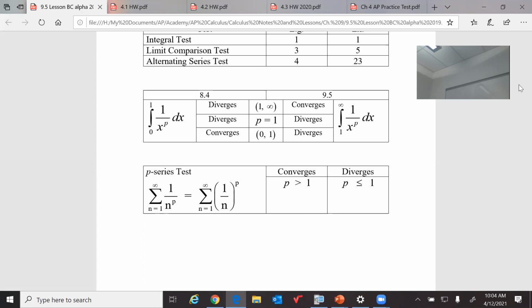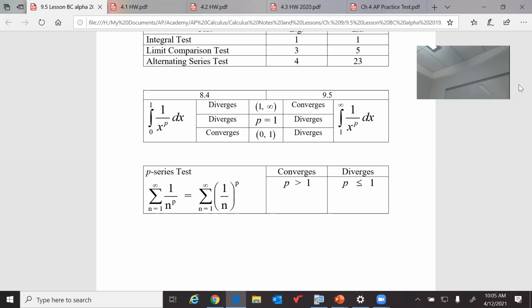It converges if the exponent is bigger than 1. So think about that. If this was a 2, then the denominator is getting bigger. If the denominator is bigger, the value of the fraction is small. It's diverging, though, if the denominator is small, and if it equals 1. I'm not getting involved in the alternating series yet.